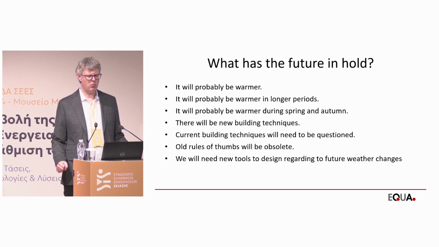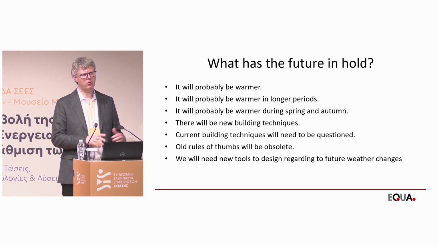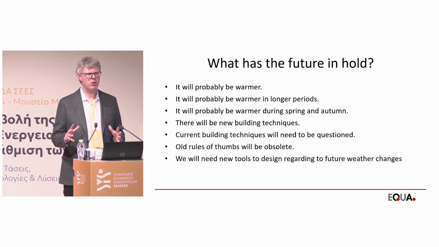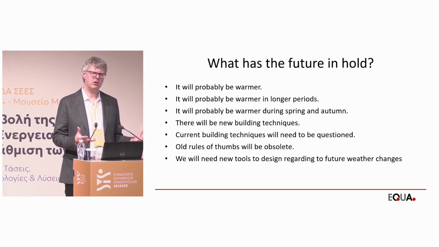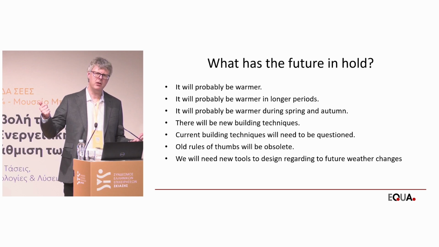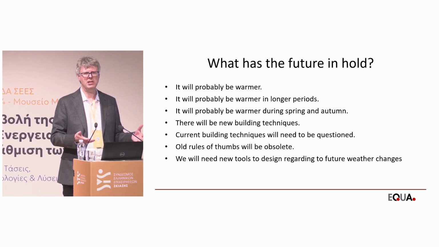It will also be warmer during spring and autumn. Previously, it's been mostly a problem in the summer, but that also includes that we have a new combination of low-standing sun, that I will talk a lot about in this presentation, in combination with hot air.